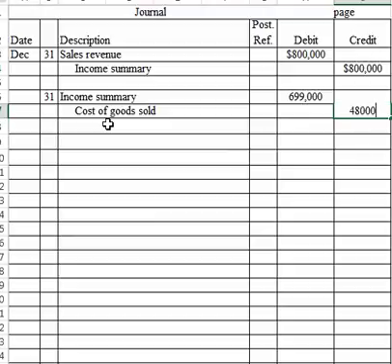It's a debit balance, so we credit it for the amount of its balance. It closes it out. Then we'll do salaries expense, $120,000.